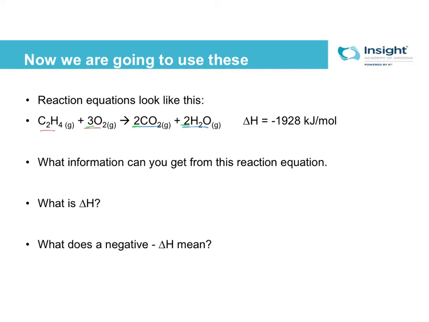Alright, but some new things. You've got states. Alright, these all happen to be gases. You also have your delta H. Alright, what does that stand for? Alright, I'm going to tell you the enthalpy of your reaction. Enthalpy. Alright, and from that you can get even more important information.